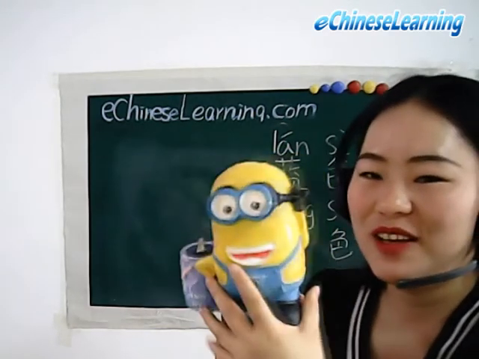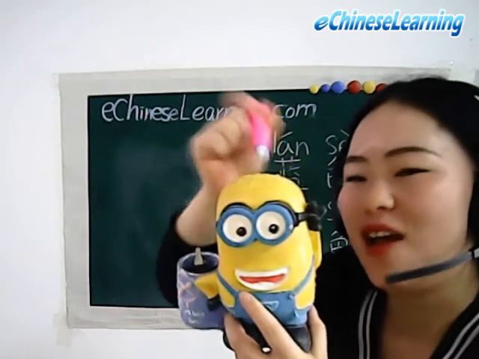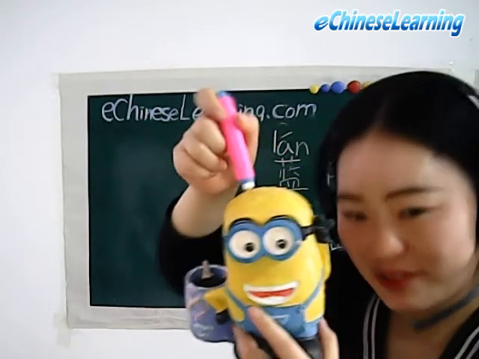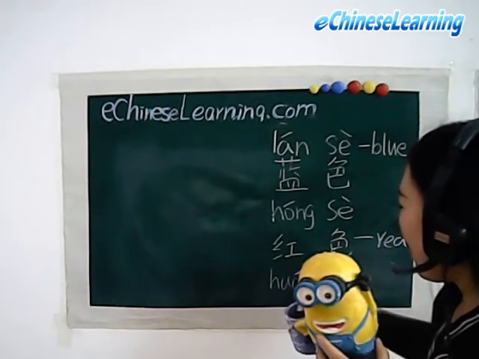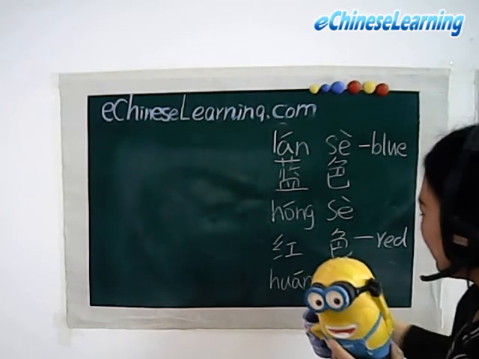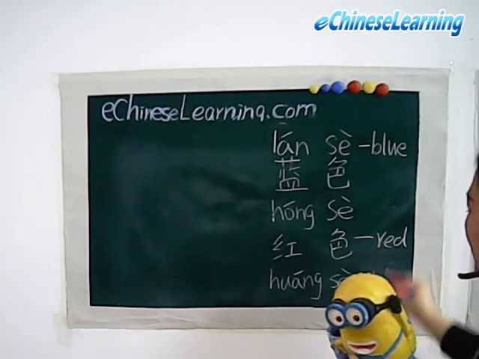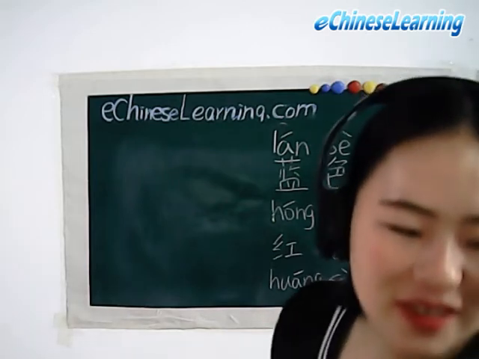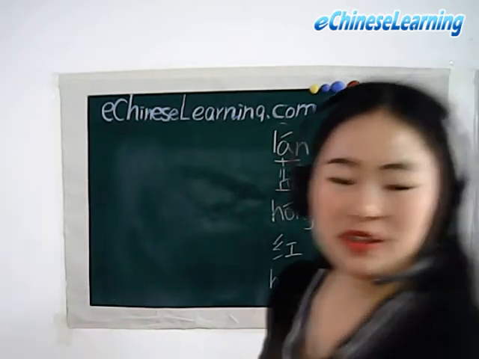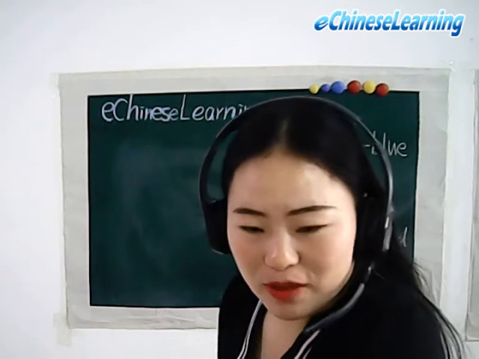Who's he? Yeah, meaning yellow, right? Yellow. We call it 黄色. Yeah, that means yellow, 黄色. Okay. What about the banana?